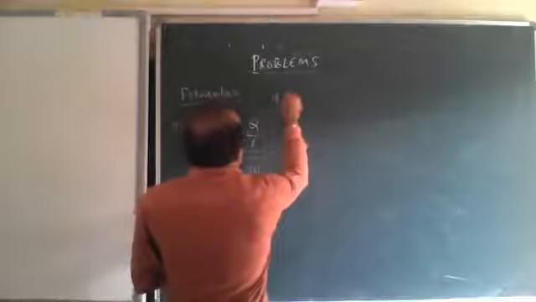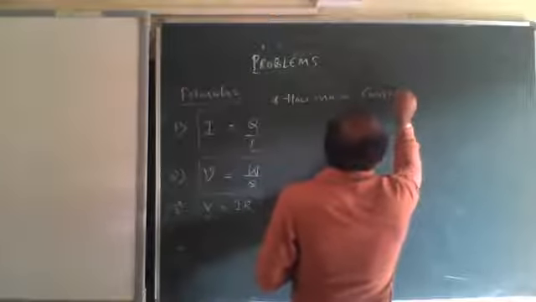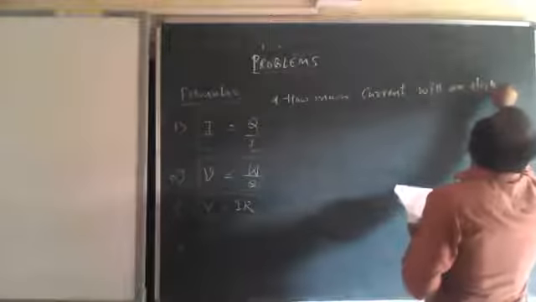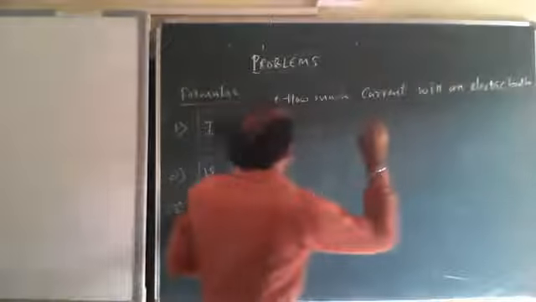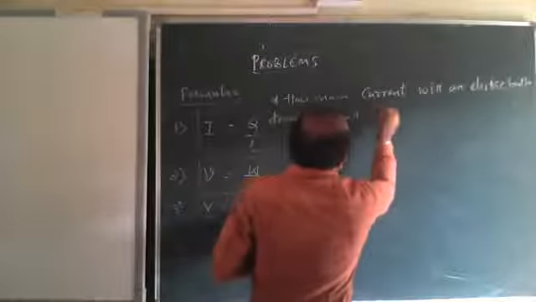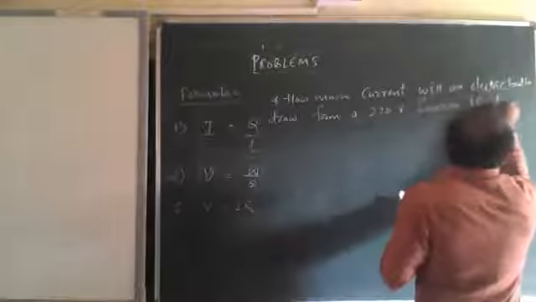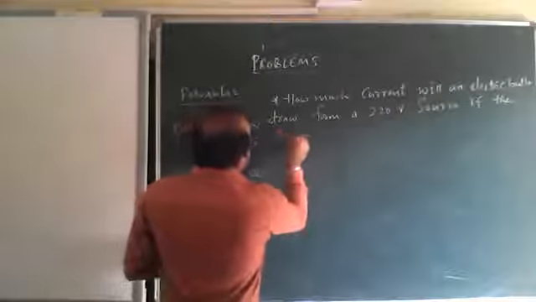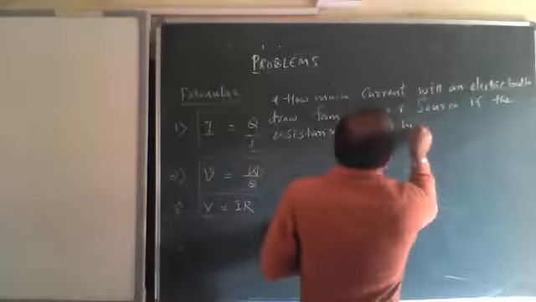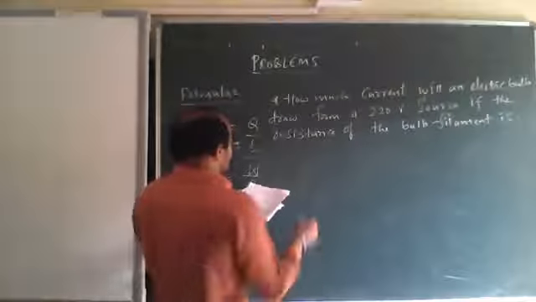How much current will an electric bulb draw from a 220 volt source, if the resistance of the bulb filament is 1200 ohm?